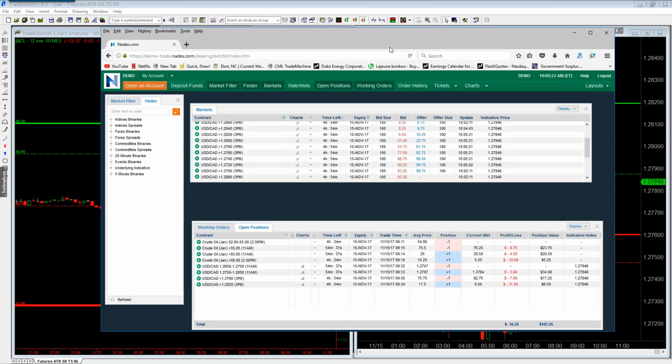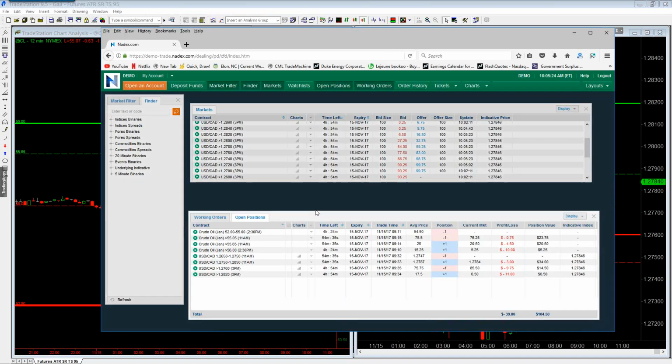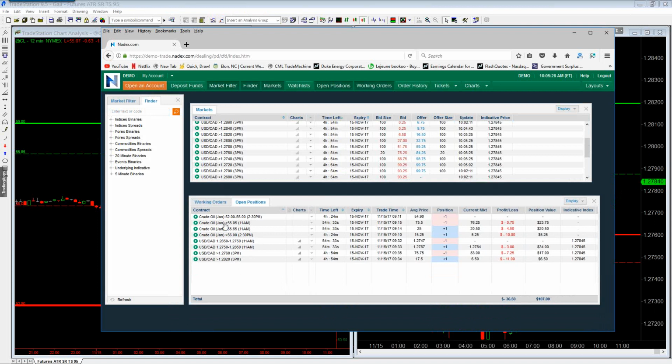So in other words, I've got a 2-hour crude at 55.01, and this is a short position. Then there is a long position at 55.65, again for an 11 a.m. expiration. And then on the Canadian, I have two spreads.